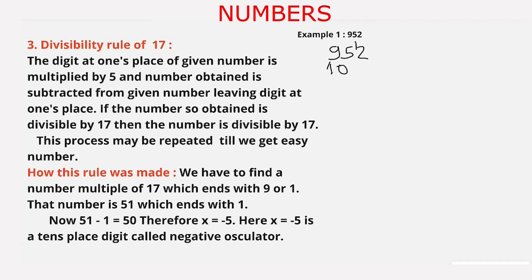After leaving this last digit 2, we subtract the 10 from the remaining part of the number, and that part is 95. 95 minus 10 is 85, and we know that 17 times 5 is 85. Hence the number 952 is divisible by 17 because 85 is divisible by 17.